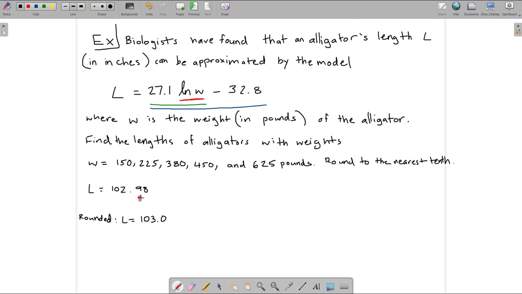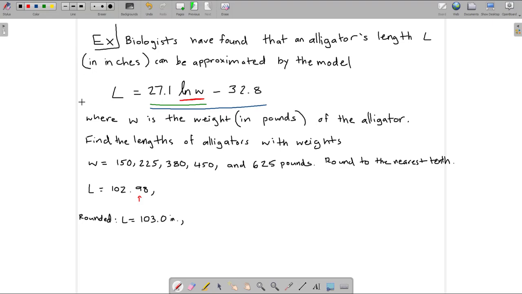It's like carrying a 1, rounding this 9 up to a 10 and then putting it into the next place over, the 1's place. The length was in inches, so we'll put inches. So that's what we get from the first W here.